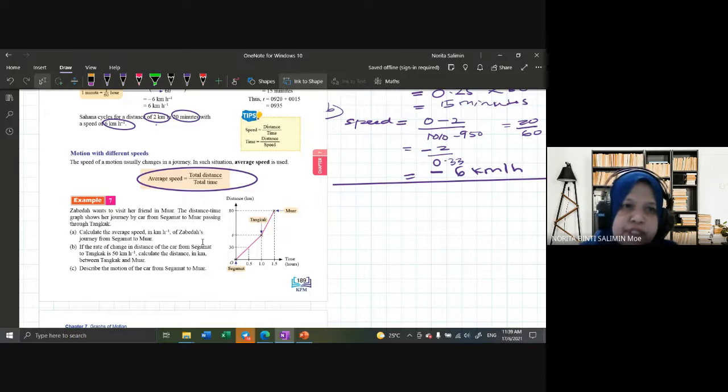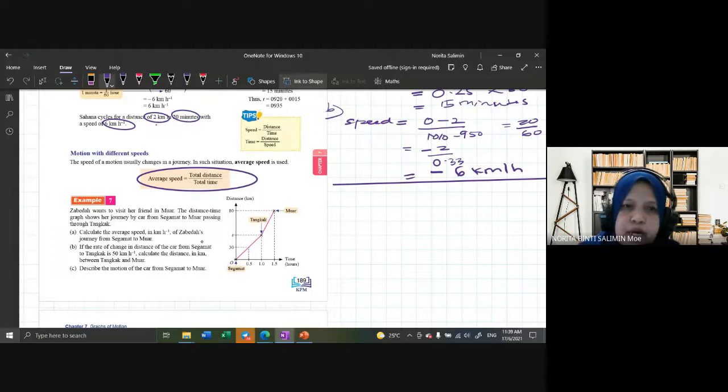Zabeda wants to visit her friend in MEWAH. The distance time graph show her journey by car from Segamat to MEWAH. Okay, we start 0 from Segamat, go to MEWAH, and then passing through Tangkak. Calculate the average speeds in kilometer per hour of Zabeda's journey in Segamat to MEWAH.